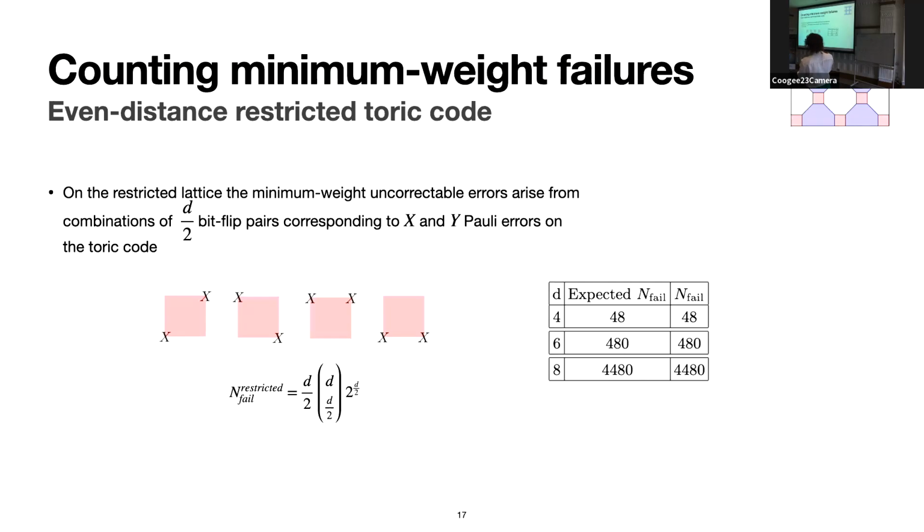So that would be the X and Y Pauli errors. And so we count combinations of these on, actually, this is not an even toric code, sorry. So imagine there's one more square. And then we look at these configurations on d on 2 squares on each row. And that gives us this expected number of failures in the middle for distances 4, 6, and 8. And they're matched by the decoder on the right.